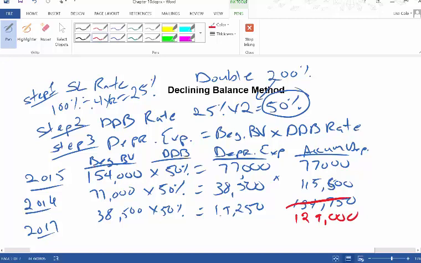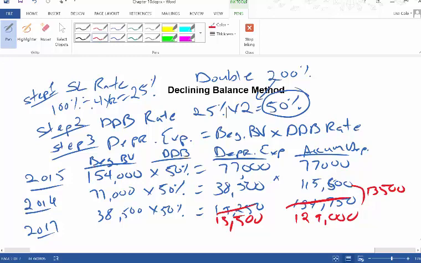That means my last year of depreciation would have to be $13,500. And you say, how do you get that? Well, if I have $115,500 accumulated depreciation in 2016, and for 2017 my accumulated depreciation can't be more than $129,000, that leaves me only $13,500 to depreciate.